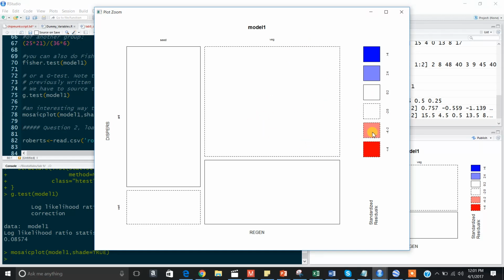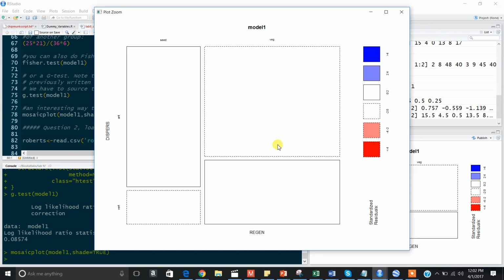Now, if this box had been this color here, we could have said that plants with vegetative regeneration were more likely to be ant dispersed than vertebrate dispersed. If this box had been red, we would have said, however, the observed value for the actual ant dispersal for plants with vegetative regeneration was 2 to 4 times smaller than what is expected.